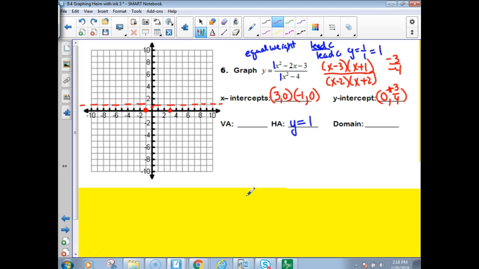Wow, I've got two vertical, wait, those are x-intercepts. What's going on in this thing? Well, maybe you're wondering the same thing, because you see all this stuff, how's this graph going to go? Well, we need to get these in. Our vertical asymptotes are x equals 2 and x equals -2. We've got two of them.